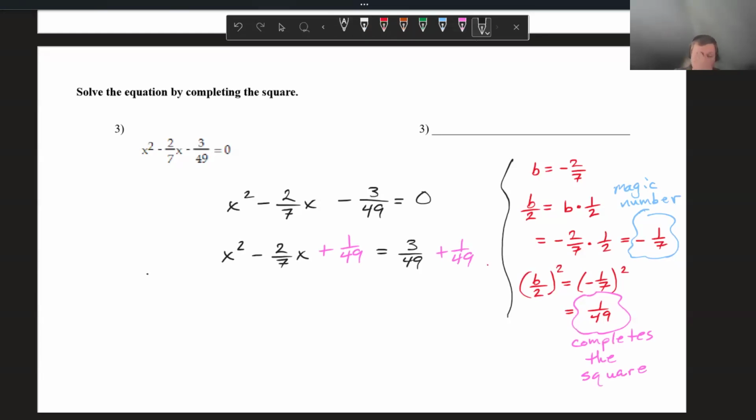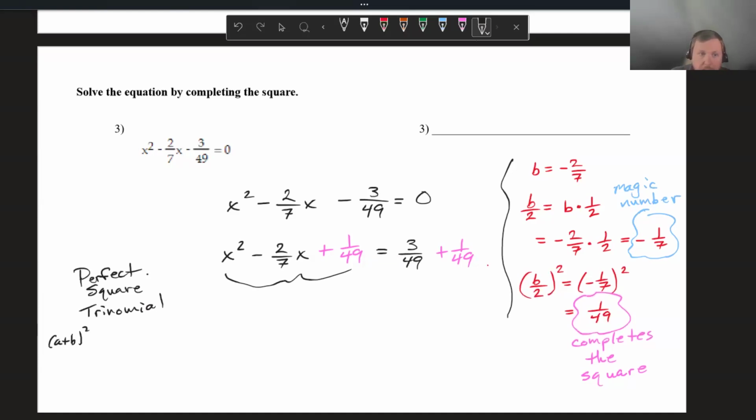Now, what's nice about this completing the square method, now that I have completed the square, this is making a perfect square trinomial. So the square that we're completing is a perfect square trinomial, which means that it follows a particular pattern.